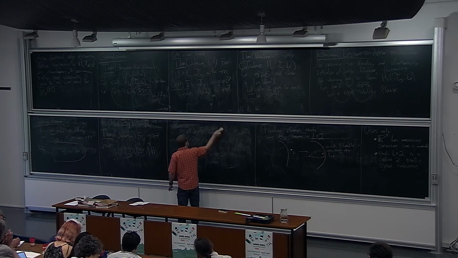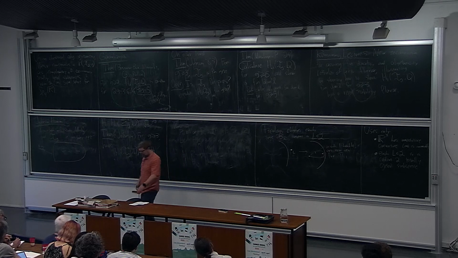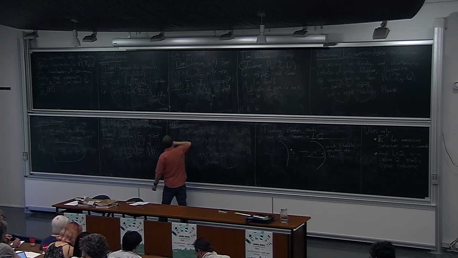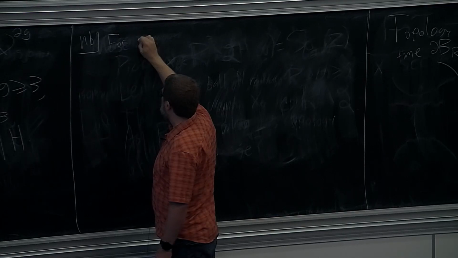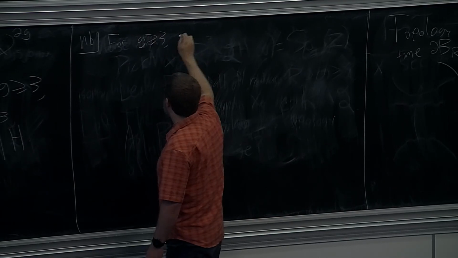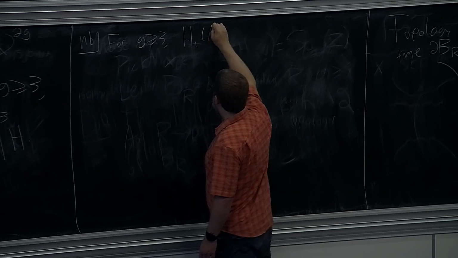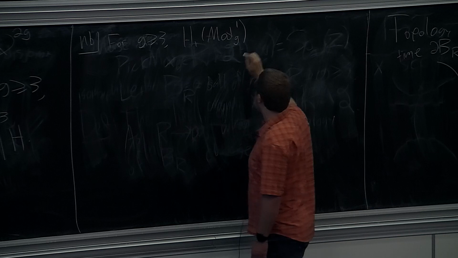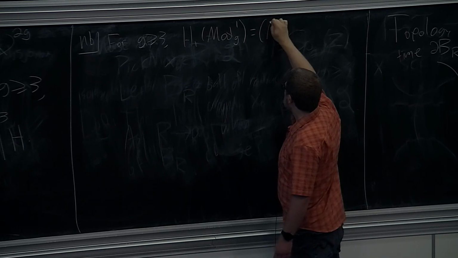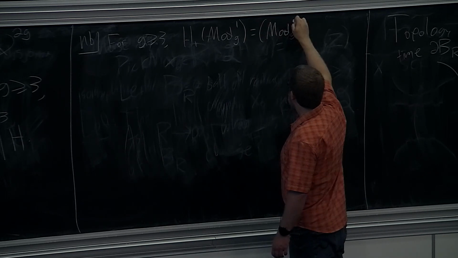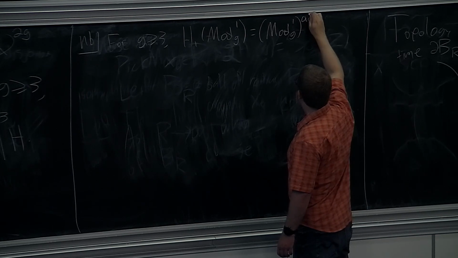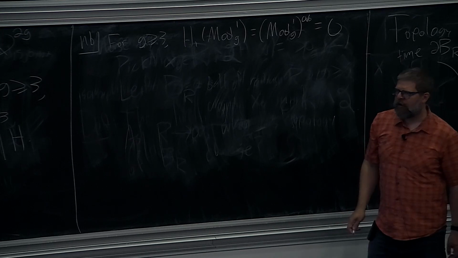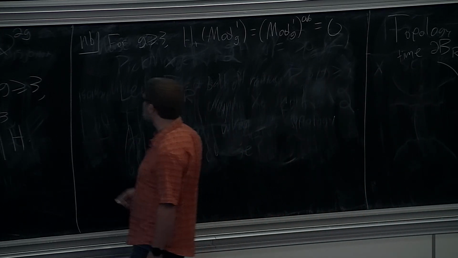So nota bene, for g at least 3, H1 of the mapping class group with integer coefficients, which is the same thing as the abelianization of Mod G1, is trivial. And why is that? Remember, there are 2 facts.